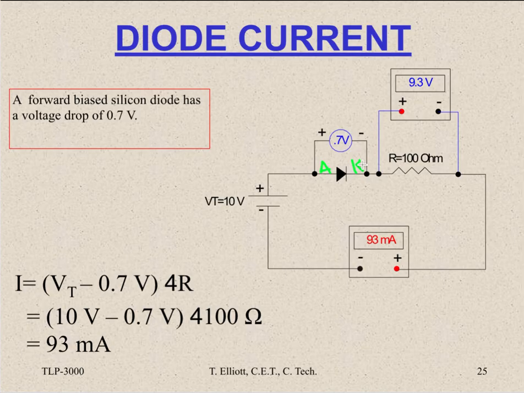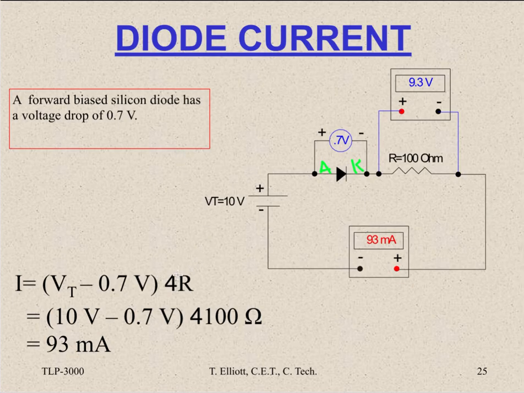So if we have 0.7 volts across the diode and a 10 volt source, that leaves 9.3 volts across the resistor. It's simply a series circuit, so the 9.3 and the 0.7 add up to the 10. Take the 9.3 volts divided by the resistor.